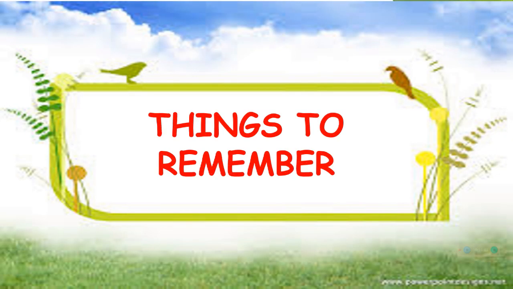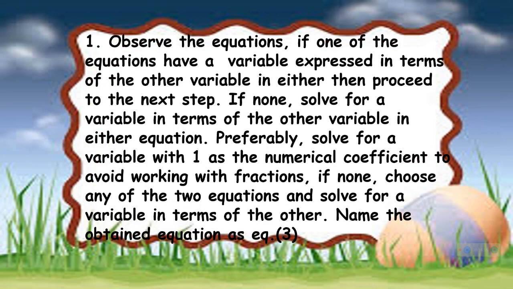I have here again the steps on how you are going to solve systems of linear equations by substitution. So number 1, you are going to observe the equations. If one of the equations has a variable expressed in terms of the other variable, then proceed to the next step.